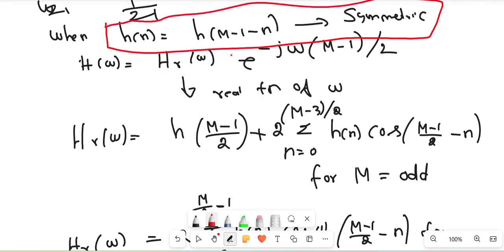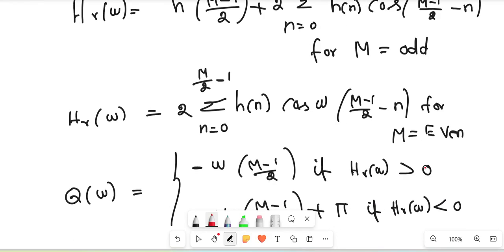h of n equal to h of M minus 1 minus n. It is symmetric. You can write the real function of omega as h of (M minus 1) by 2 plus 2 summation of n equal to 0 to (M minus 3) by 2 of h of n cos omega ((M minus 1) by 2 minus n) for M odd, and another real function if M is even.